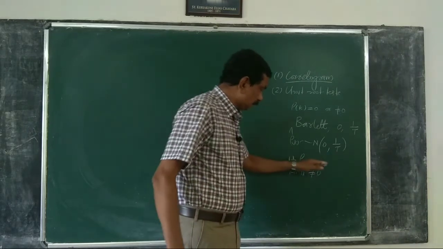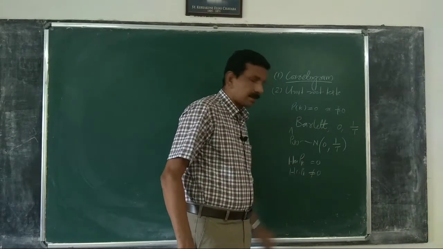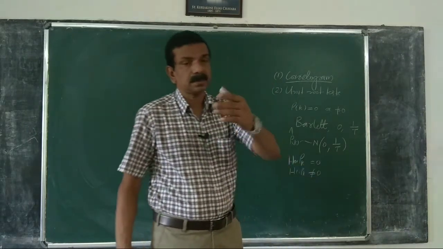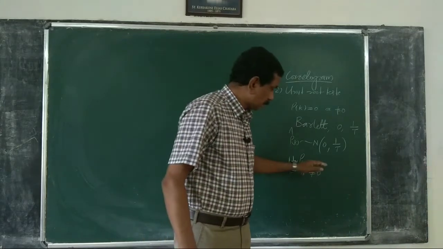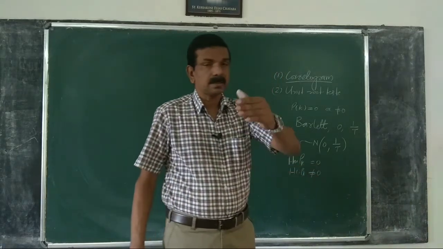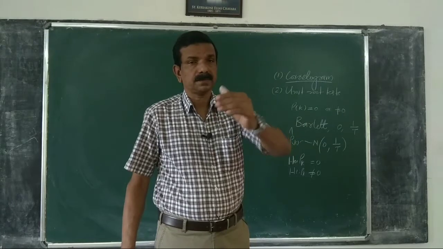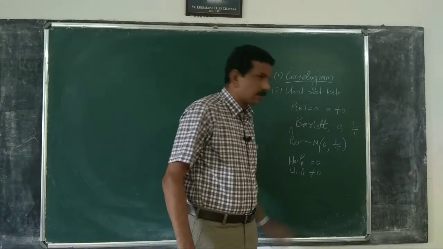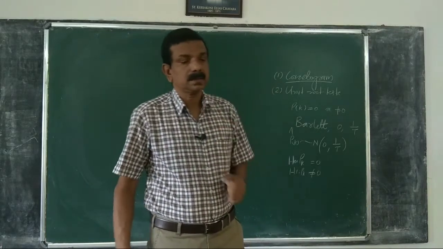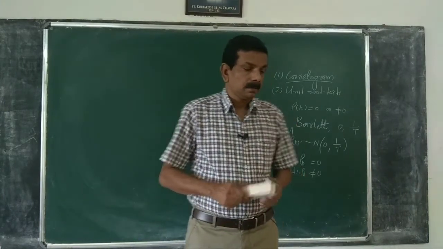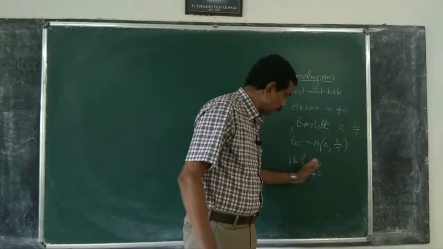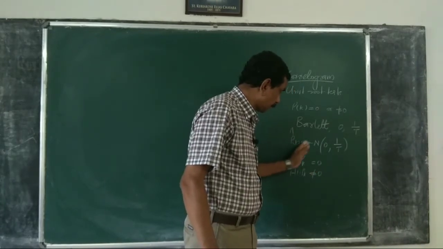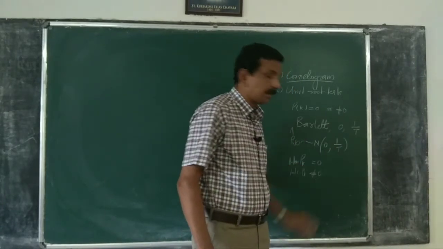So, if the null hypothesis is accepted, we will say that the process is stationary. That is, correlation between successive values of the variable is 0. H1 not equal to 0 means it is not stationary. Now, if rho k is equal to 0, rho hat k is normal with 0 and 1 by T.